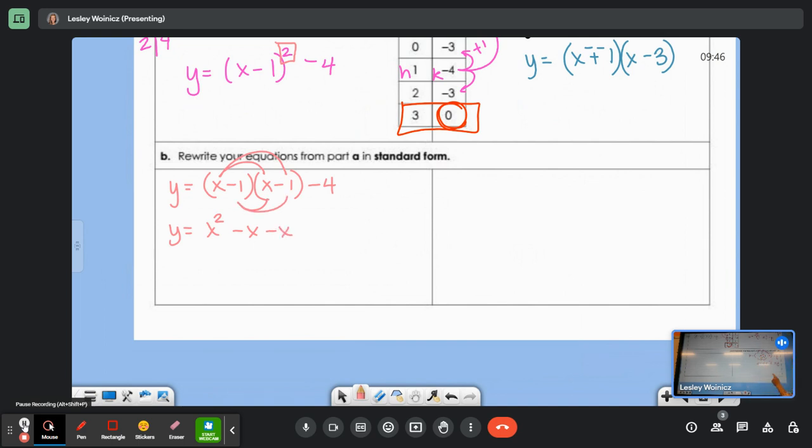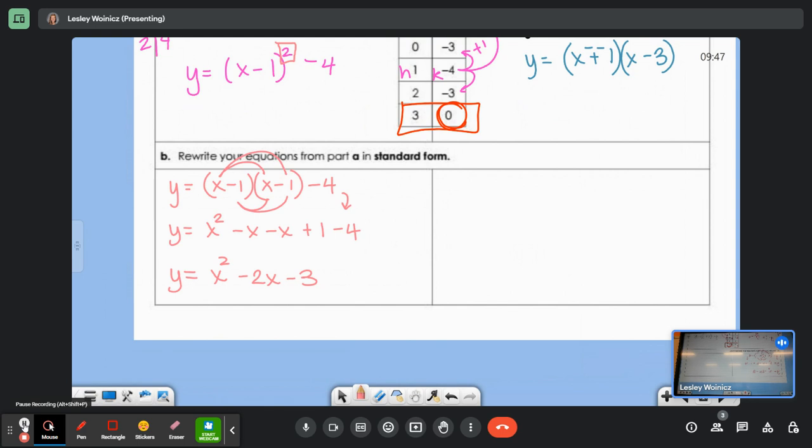And -1 times -1 gives me a +1. Bring down the -4. Combine my like terms. I get y equals x squared minus 2x, minus 3. Yeah, -3.